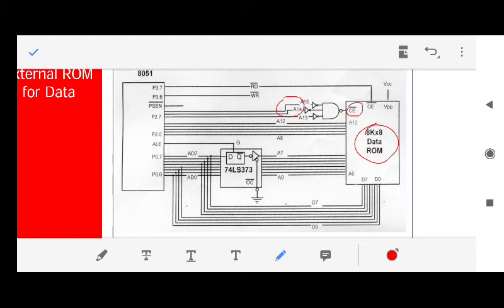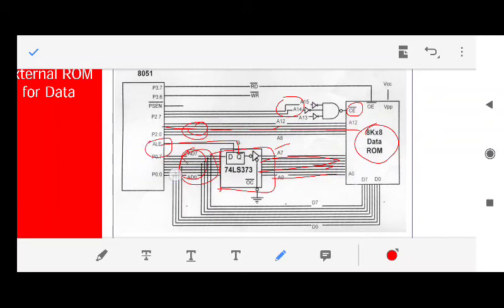A total of 13 lines need to be connected. 8 lines are connected from port 0 and the remaining 5 lines, A8 to A12, are connected directly from port 2 to the external ROM. The 8 lines from port 0 are connected through the latch. Please remember this, and this latch is enabled by the address latch enable.